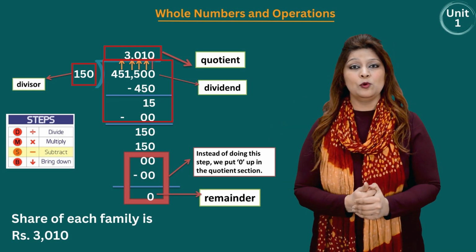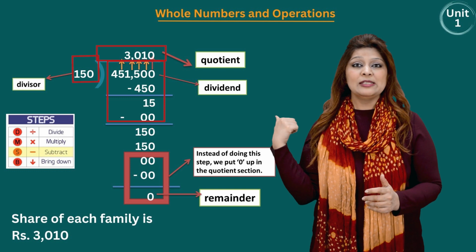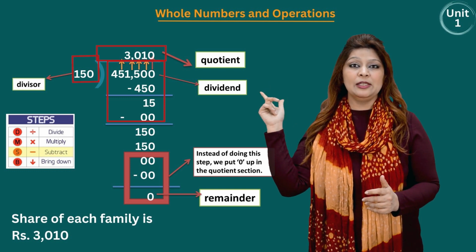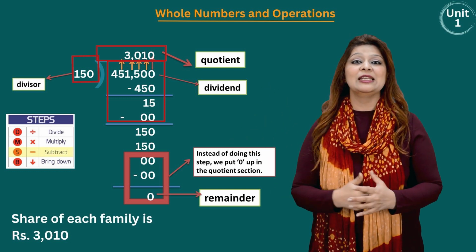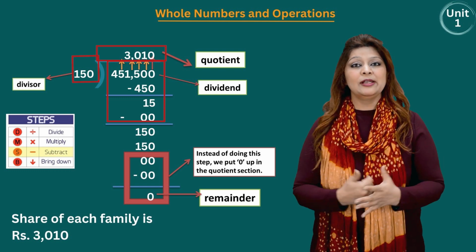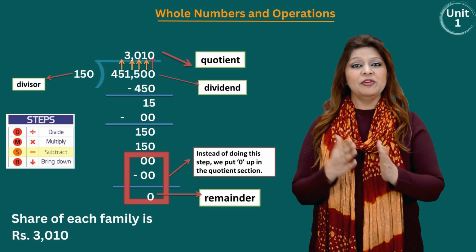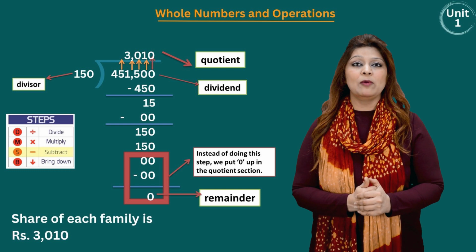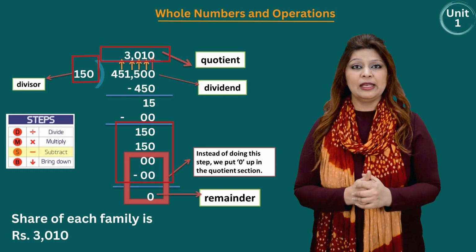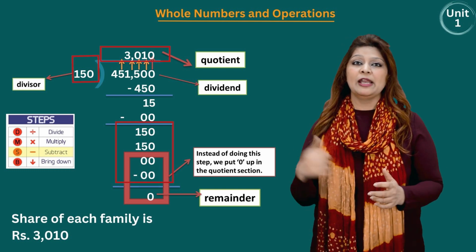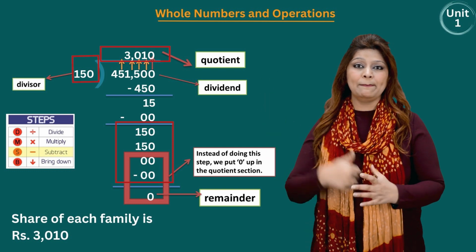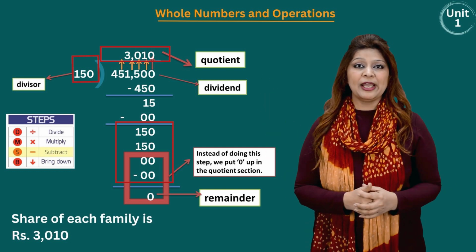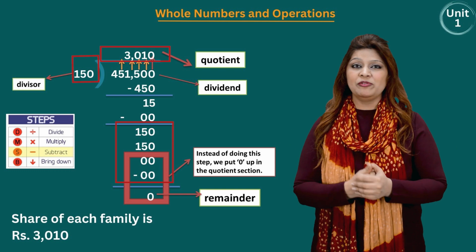And then I am going to do subtraction. 150 I will write here. Why 0? Because I will take this 0 from the top, which is in the dividend, as bringing down. Now 150 multiplied by 1 is 150. I will write 150 over here and 1 on the top. Now I am going to do subtraction. 150 minus 150 is 0.